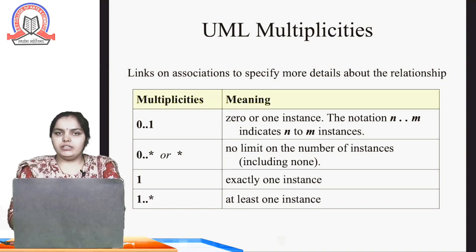Then 0 to star, or just star, has no limits on the number of instances. If we show 1, there is exactly one instance. After that, 1 to star shows at least one instance between the different classes.